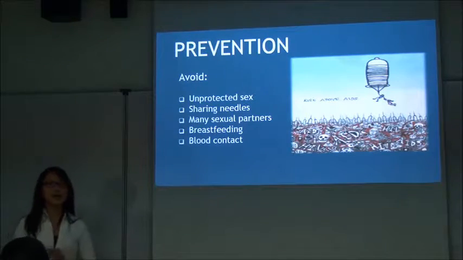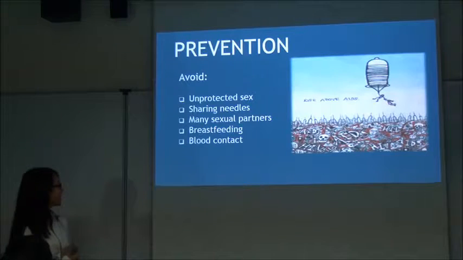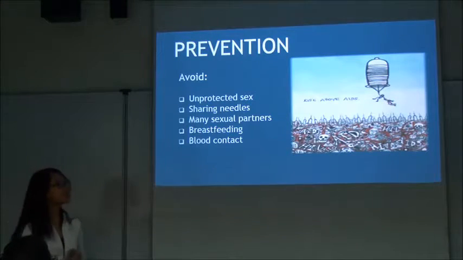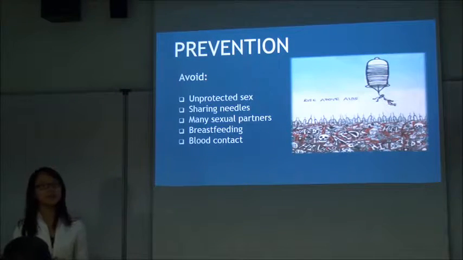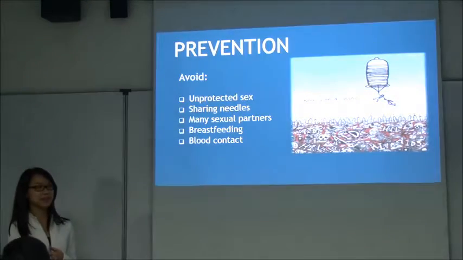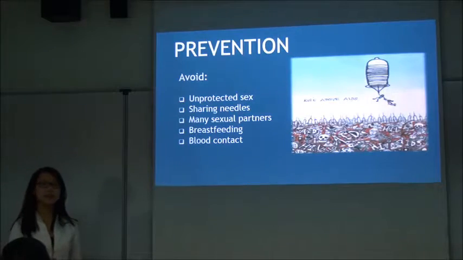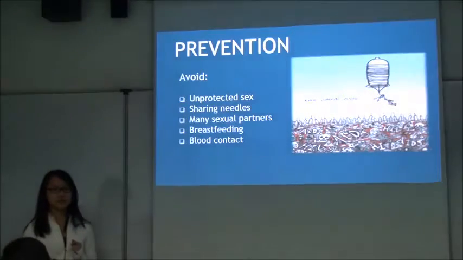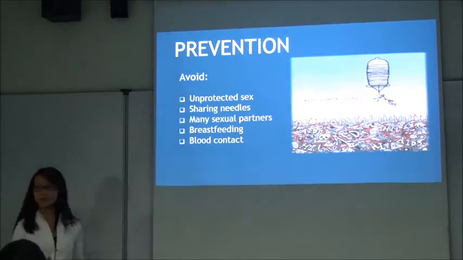Secondly, you have to avoid sharing needles, and use sterile injection equipment. You also have to limit the number of sexual partners you have, and avoid breastfeeding your child to prevent AIDS from transmitting to your child. And lastly, you have to avoid blood contact. For example, if you're helping a bleeding HIV-infected person, make sure the blood doesn't come in contact with your eyes, your mouth, or any open wounds.